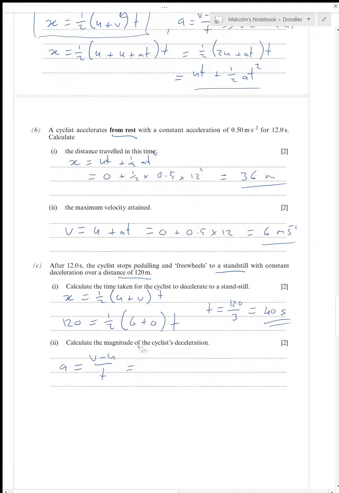Well, technically 0 minus 6 over the time taken, which is 40. So that gives me an answer of minus 0.15 meters per second squared. I'm only interested in the magnitude, so the minus sign is neither here nor there. So I guess my final answer is just 0.15 meters per second squared.